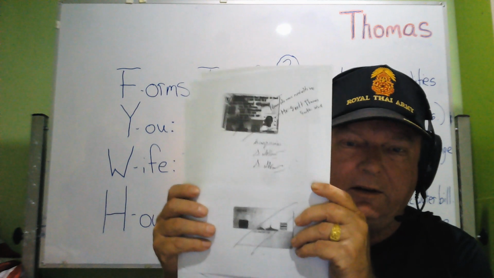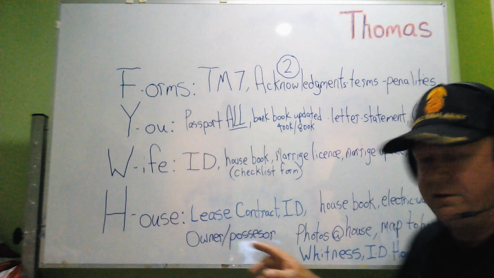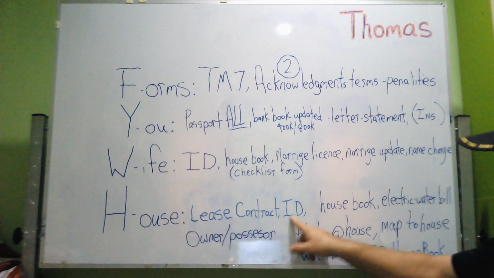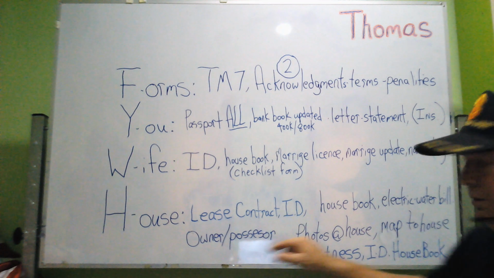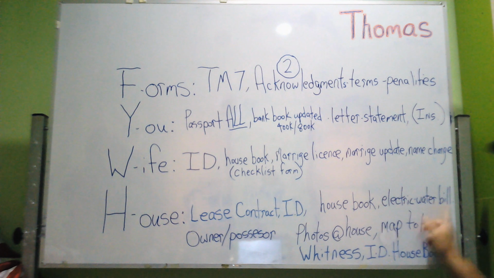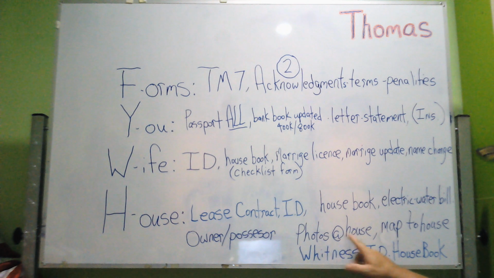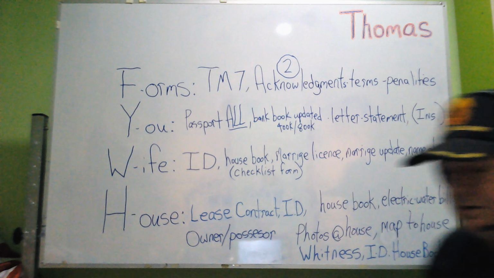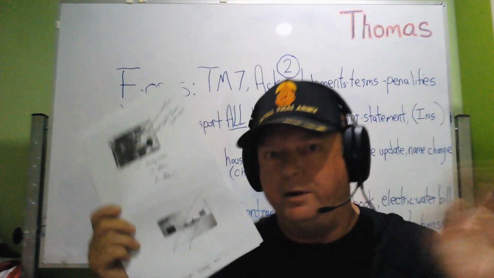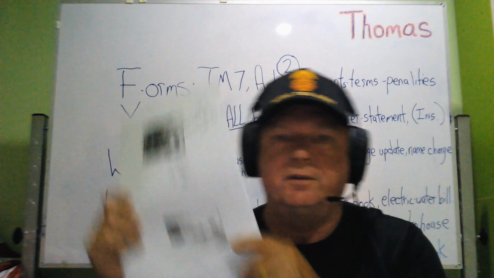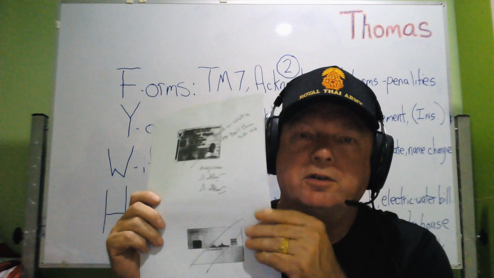And then finally, we have the lease and the ID and house book of owner, possessor, the electric and water bill. Then we go on to photos at the house, map to the house. Finally, there's one more thing. You have to have a witness. The witness will go with you to the immigration office when you turn in your application. So you need a witness.